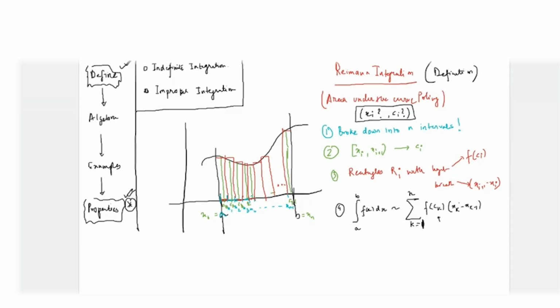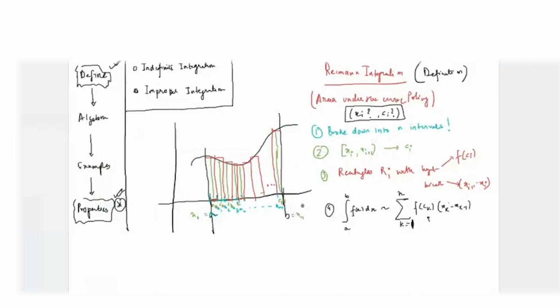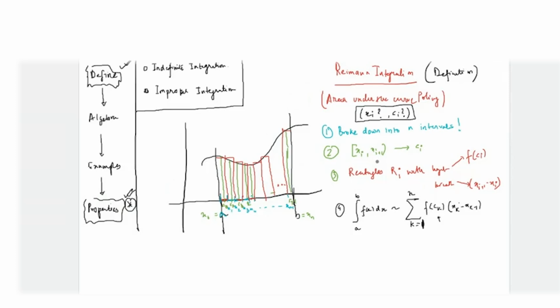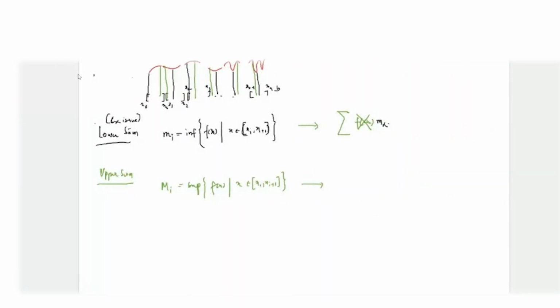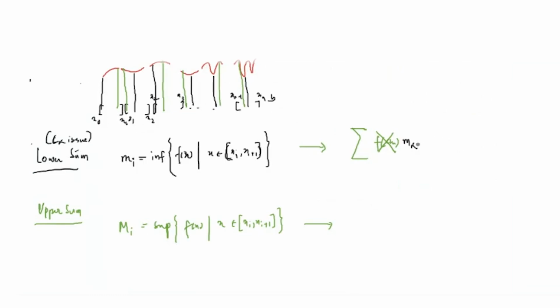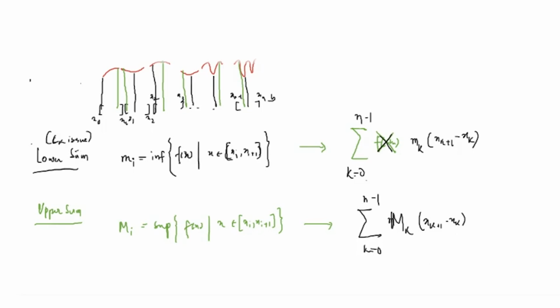I think it will be ck minus 1. Remember this small stuff which is important. So it's mk minus 1 times xk minus 1. And similarly, if it's the maximum, we get summation for k from 0 to n minus 1 of capital Mk times xk plus 1 minus xk. They defined the upper sum and the lower sum.